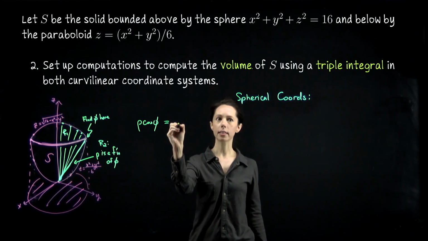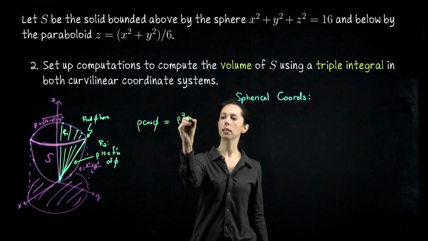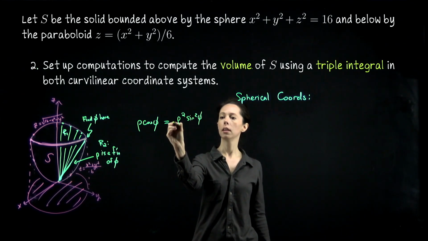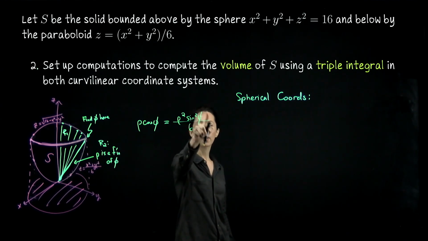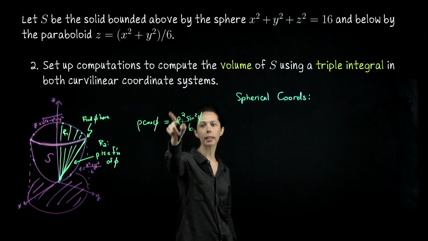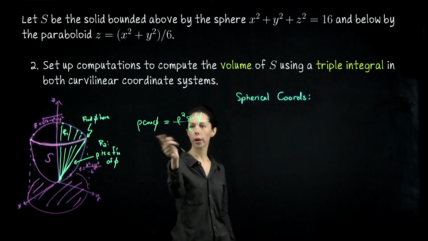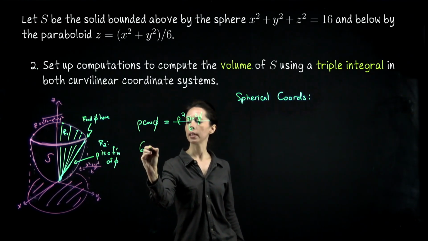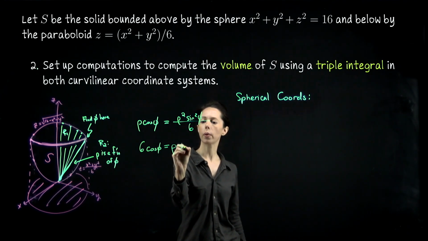What I'm trying to say there is that x squared plus y squared in spherical coordinates is rho squared sine squared phi, and then all over 6. That's always x squared plus y squared in spherical coordinates. It's rho squared sine squared phi. Let me cancel out one copy of rho and I'll bring the 6 over. So we have 6 cosine phi equals rho sine squared phi.